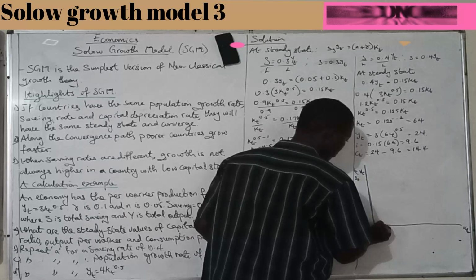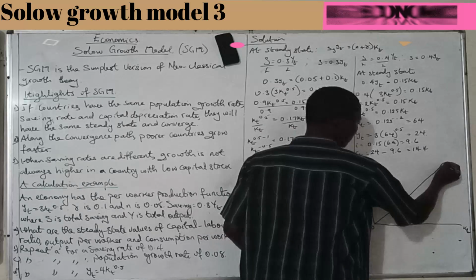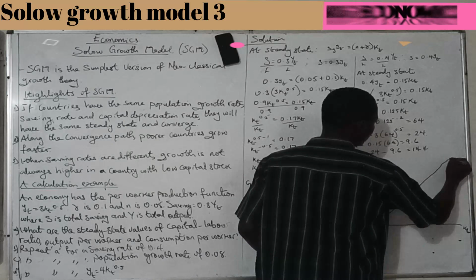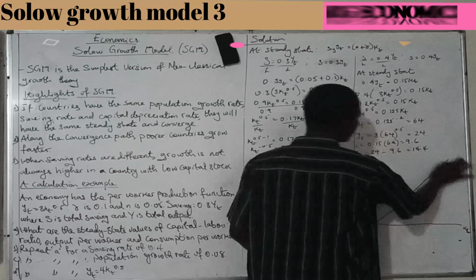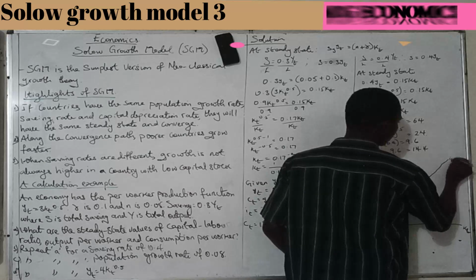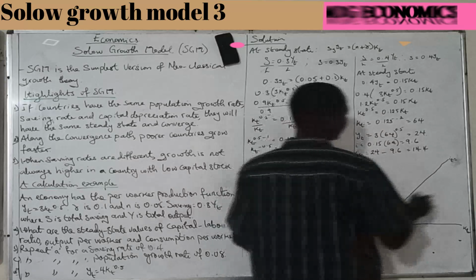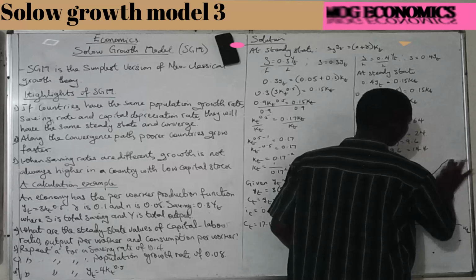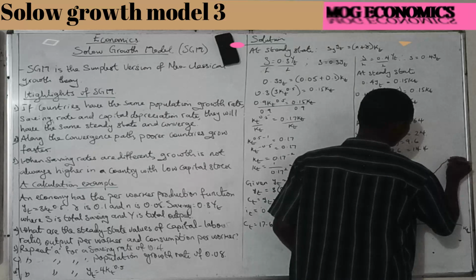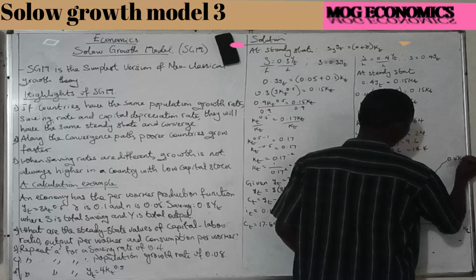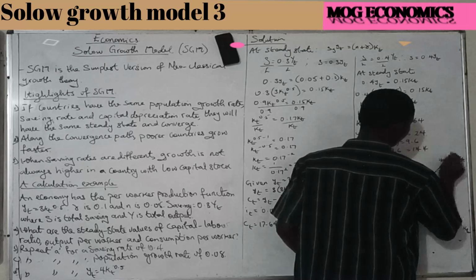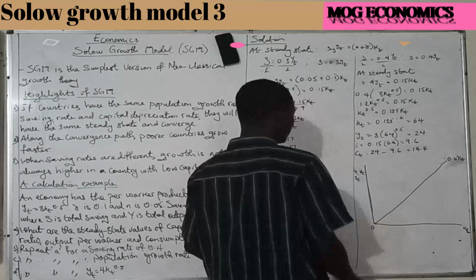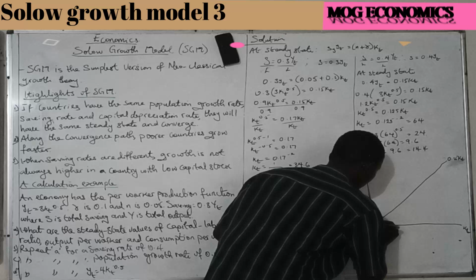This is K. So IT equals 0.15 KT. Then we have the saving.